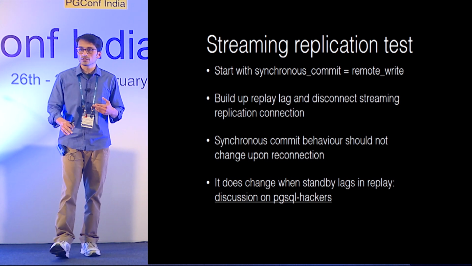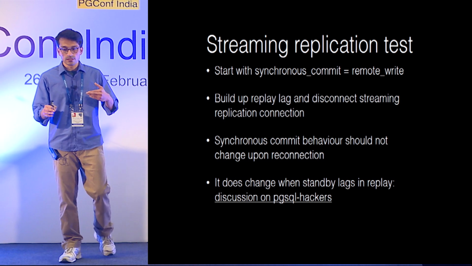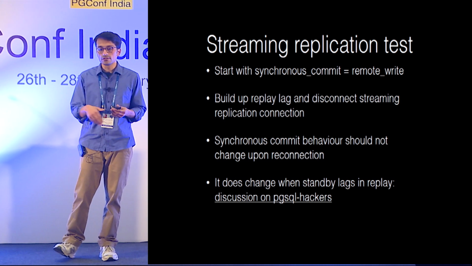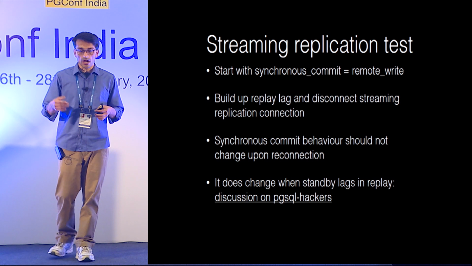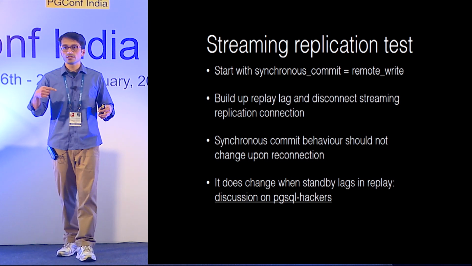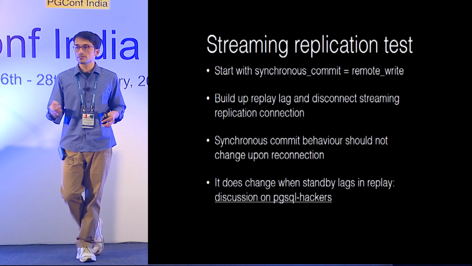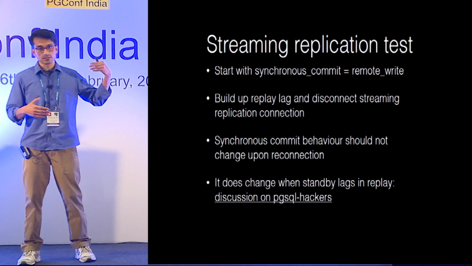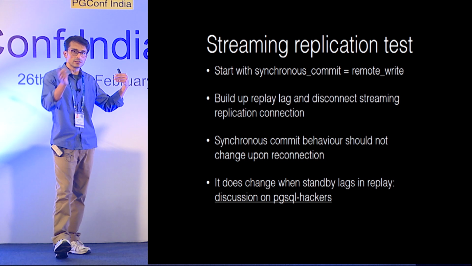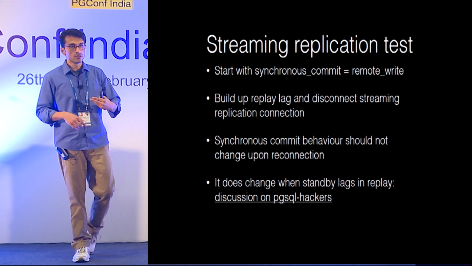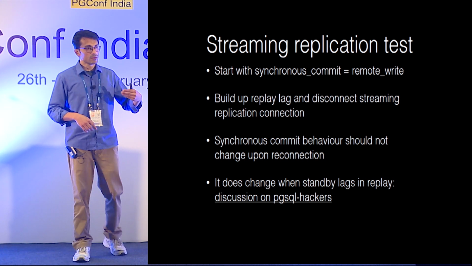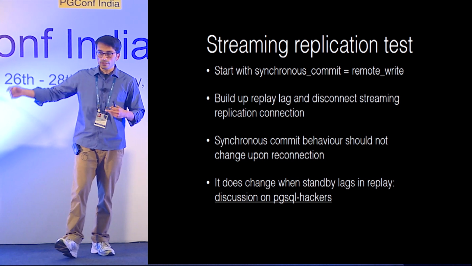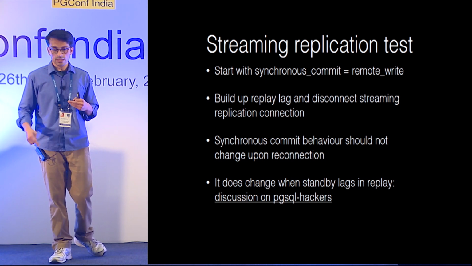And that's wrong, because if you had synchronous commit set to remote write, after disconnection the behavior suddenly is as if synchronous commit GUC is set to remote apply, right? After the disconnection and re-establishing the connection, commits on the master keep waiting until the entire replay is finished, and that's the bug.